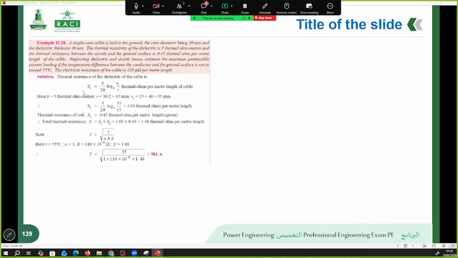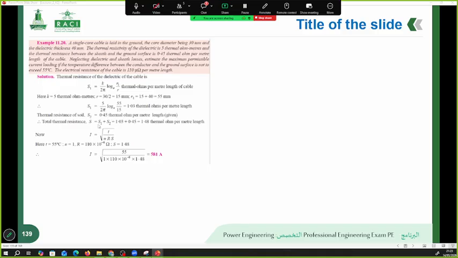First, we can use this equation to find the thermal resistance of the dielectric of the cable, just replacing the values, and S1 can be simply found as this value. S2, the thermal resistance of soil, is 0.45 ohm.